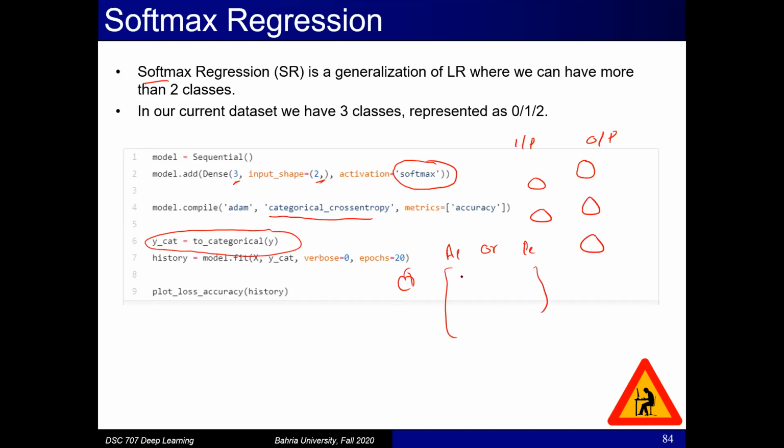I put 1 here and these 2 are 0. If I see an orange, then orange is represented by this. You don't need to manually do this. We discussed it in the first week. There's a function to_categorical and you can just call it, it will automatically do this for you.